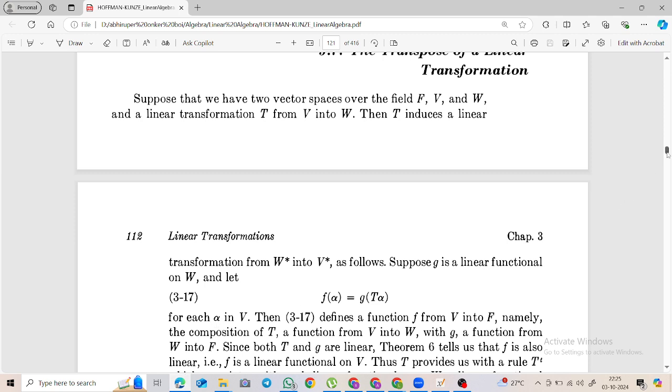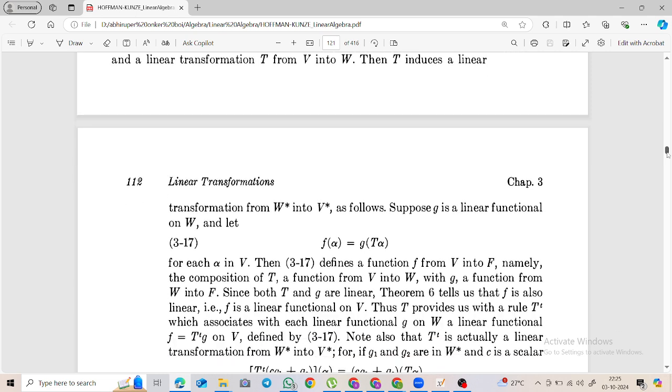So there is an introduction. Suppose we have two vector spaces V and W over the field F. The linear transformation T from V into W induces a linear transformation from W star into V star. What is that?